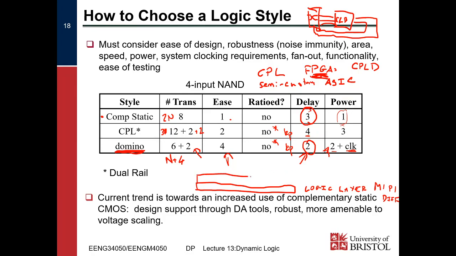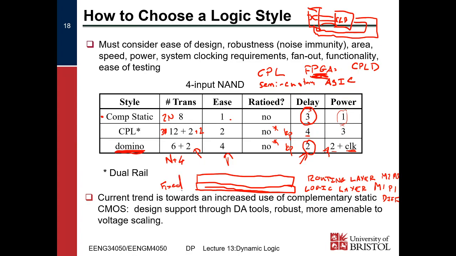And then on top of that sits the routing layer, which is maybe metal 2 and metal 3. What happens is this logic layer is fixed, right?